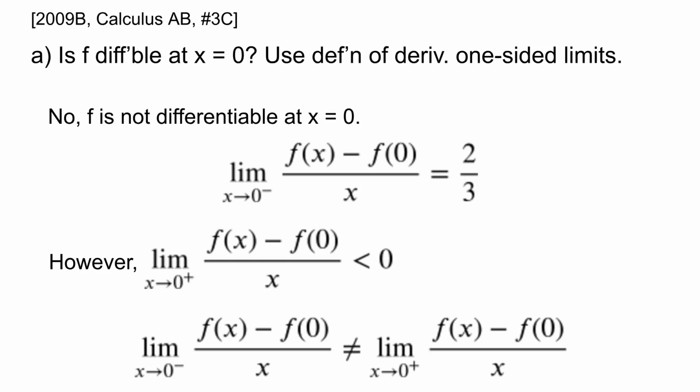And since 2/3 is not going to be the same as a negative number, we conclude that the limit as x approaches 0 from the left of f of x minus f of 0 over x cannot possibly equal the limit as x approaches 0 from the right of f of x minus f of 0 all over x, and so therefore f cannot be differentiable at x equals 0.